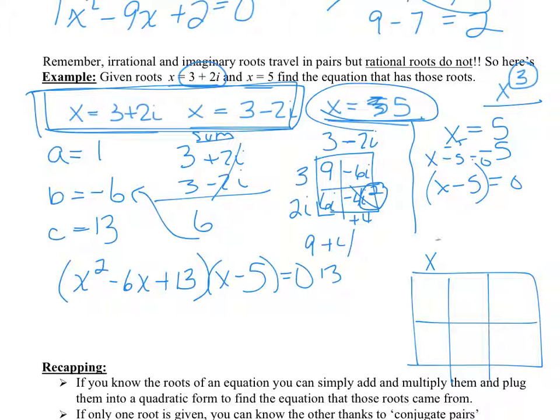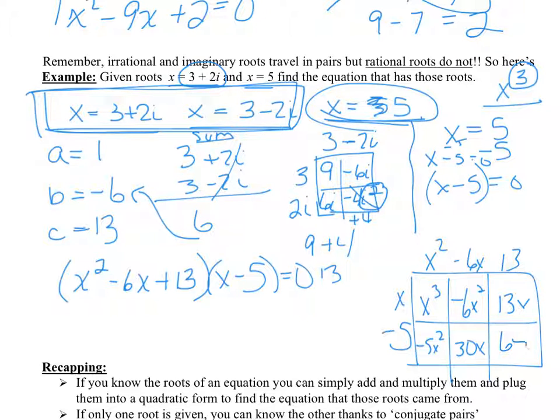Okay, so it's x squared minus 6x plus 13 times x minus 5, giving x cubed, and then we write the whole equation out.